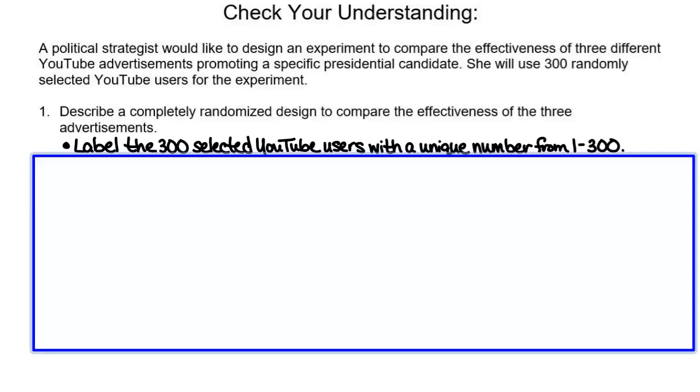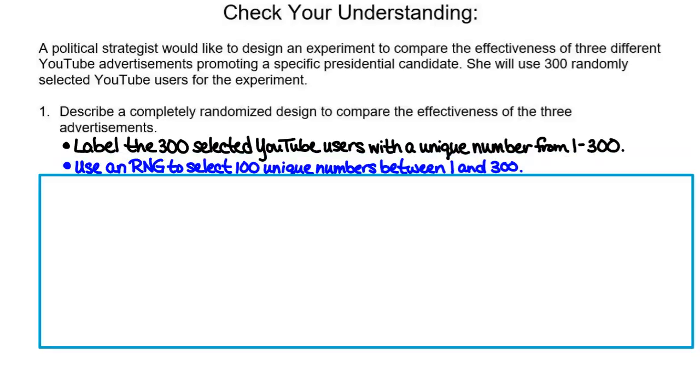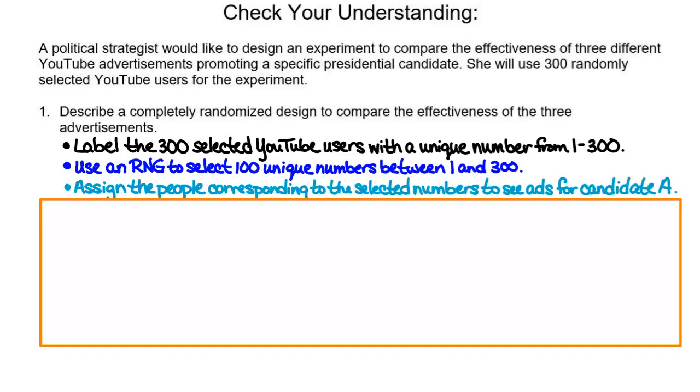Use an RNG to select 100 unique numbers between 1 and 300. Yep, use an RNG to select 100 unique numbers between 1 and 300. What are we going to do with those 100 numbers? The corresponding users will be given advertisements from... Love it. Assign the people corresponding to the selected numbers to see ads for candidate A, or you could call it candidate 1, or you could say the first candidate, or whatever.